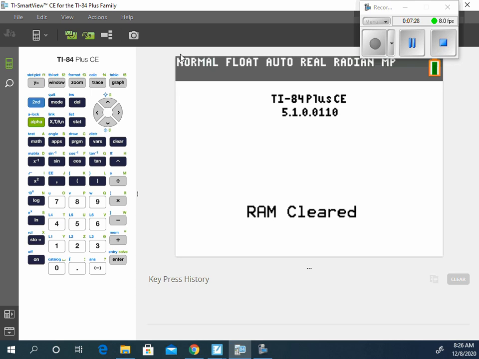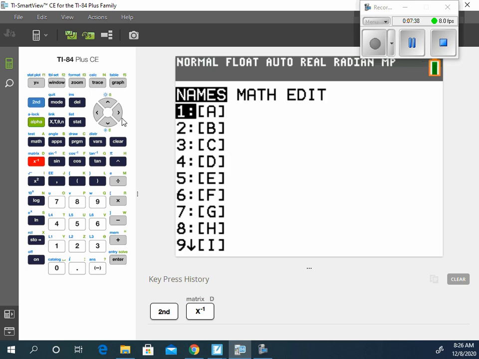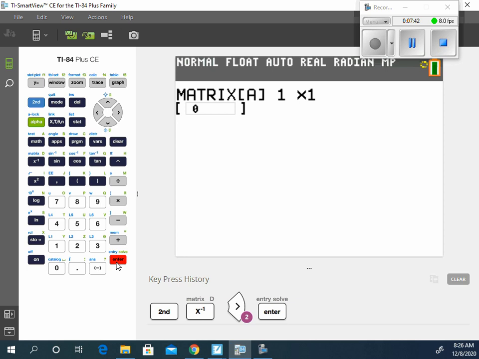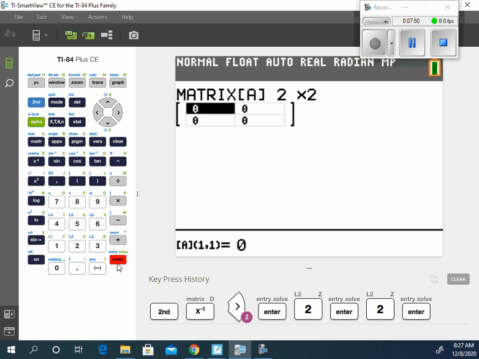Now, the way we're going to go about doing this is I'm going to go second. Oh, these buttons are smaller. Second, matrix. And we're going to go over to edit, and I'm going to edit matrix A, which is going to be a 2 by 2.